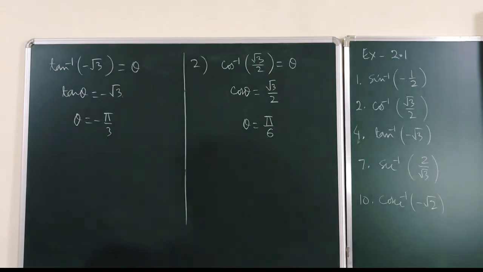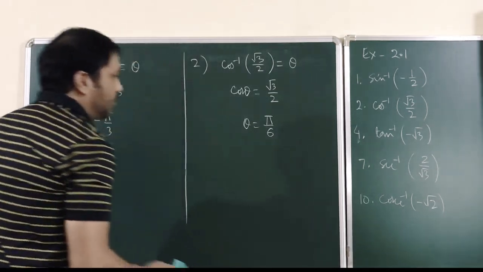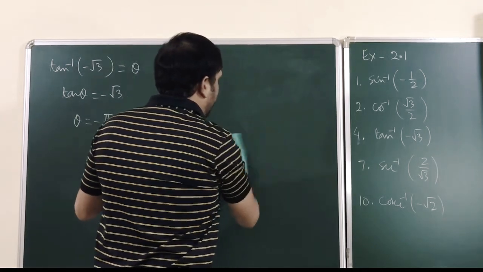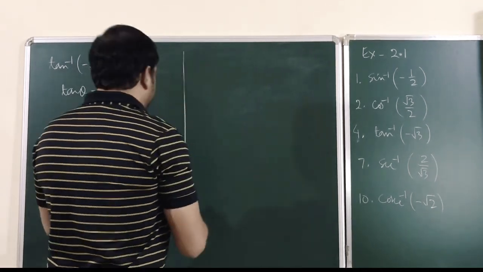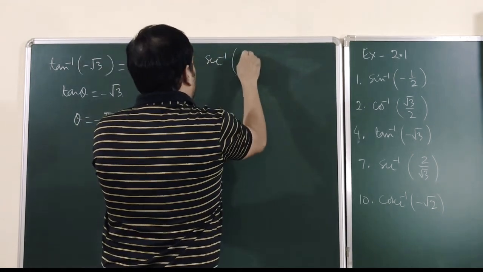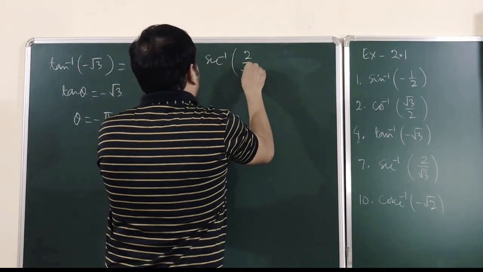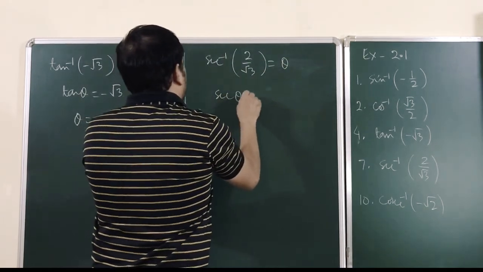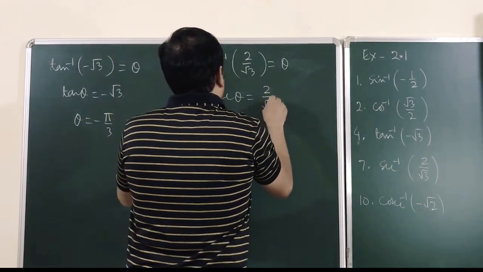And similarly you can solve sec inverse of 2 by root 3. Sec inverse of 2 by root 3 is equal to theta. So we can write sec theta is equal to 2 by root 3.